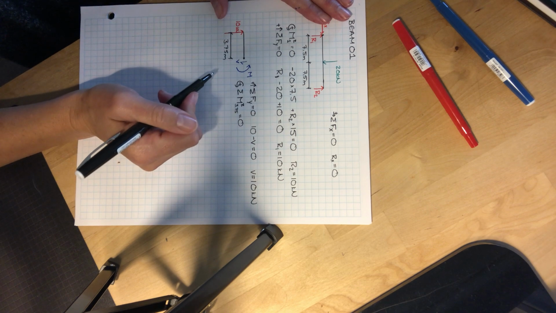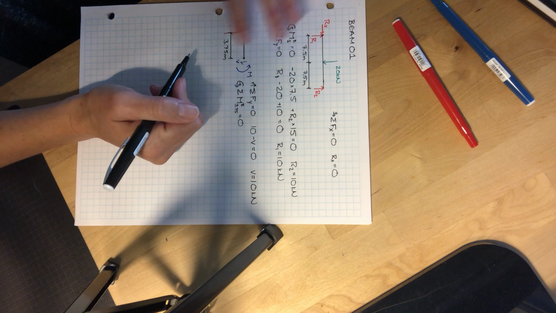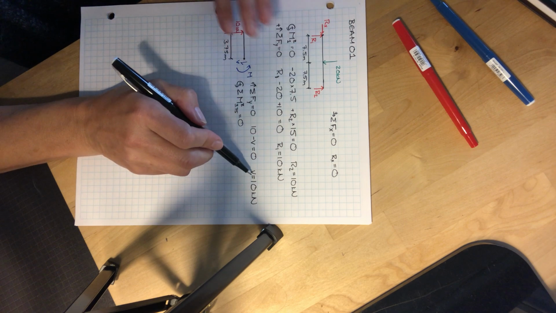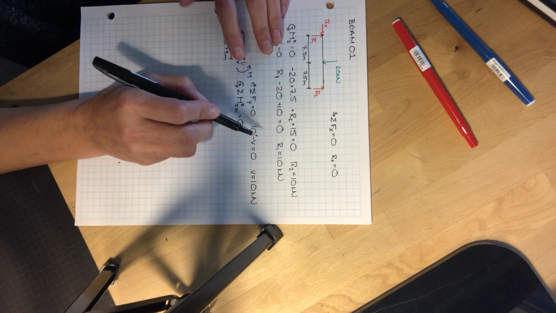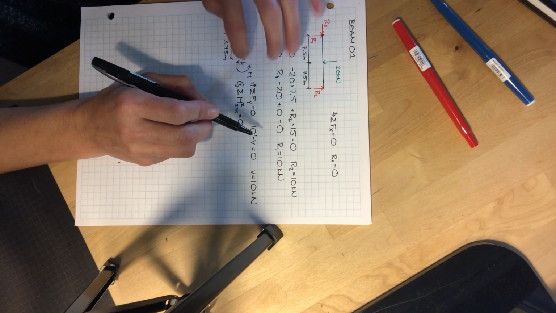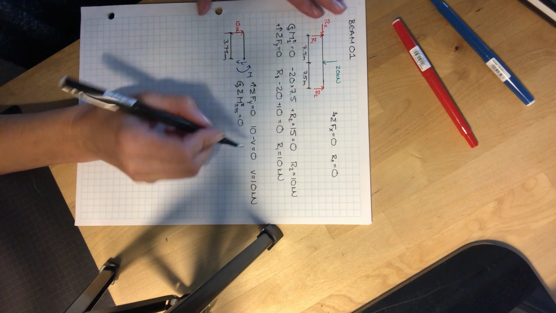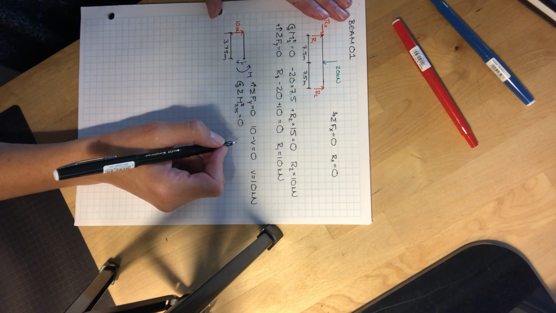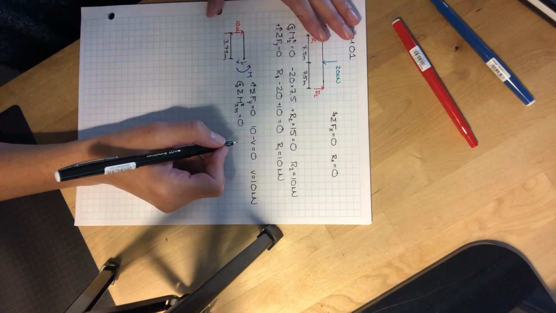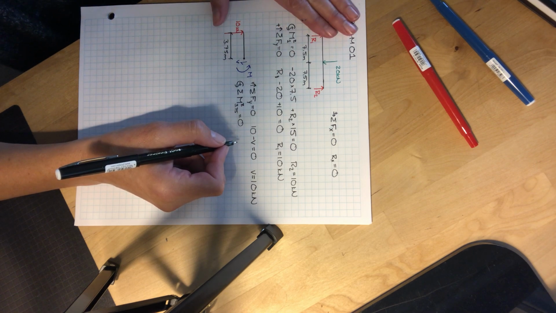If I had wanted to jump right into my moment, I didn't need to worry about my shear. I happen to have solved it, so I could have picked over here. It's not going to matter, but I like to start by making my moment spin about the point I've cut.